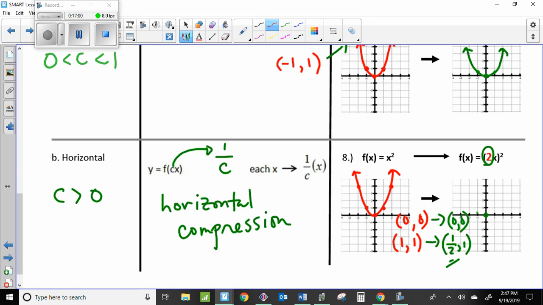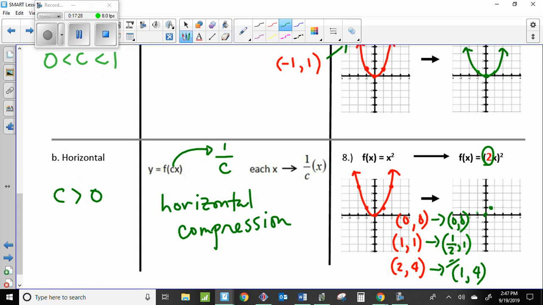So my 2 and 4 will now be 1 and 4. So there is a horizontal compression. If I graph, instead of 1, 1, it's now going to be half and 1.